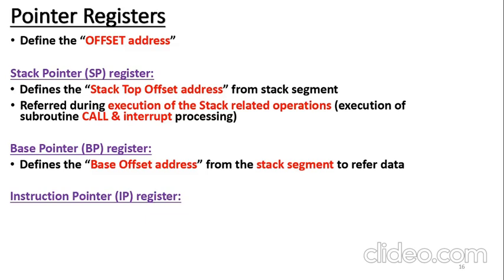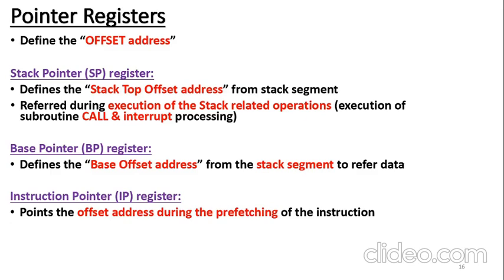Then the third pointer register is the instruction pointer register, IP register. IP points the offset address during the pre-fetching of the instructions.